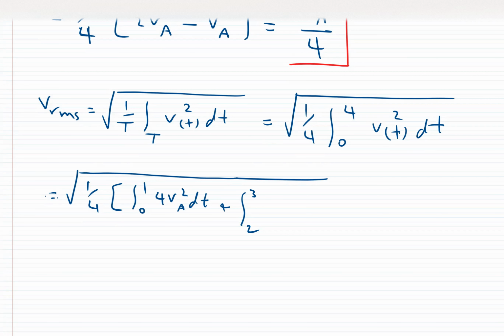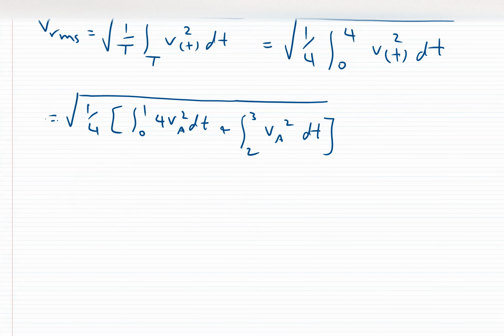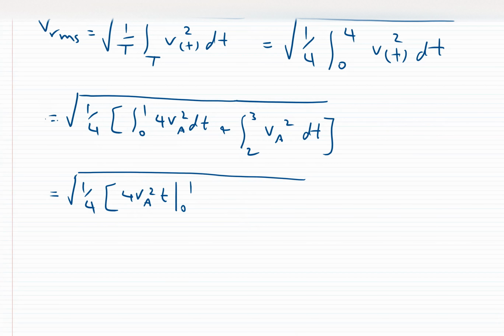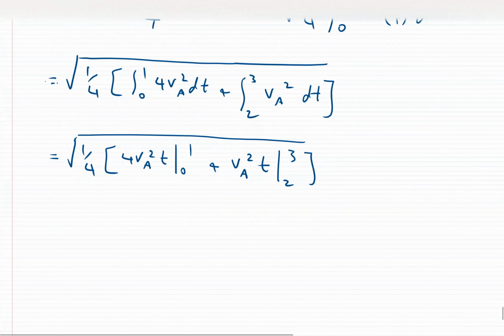The square of negative VA is VA squared dt. It's equal to the square root of 1/4 of 4VA squared t from 0 to 1 plus VA squared t from 2 to 3.